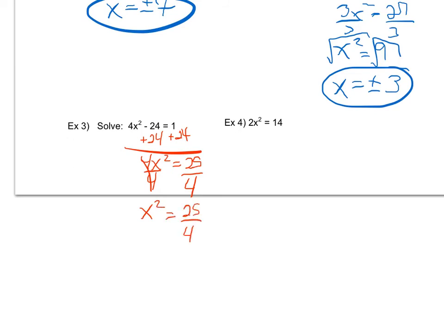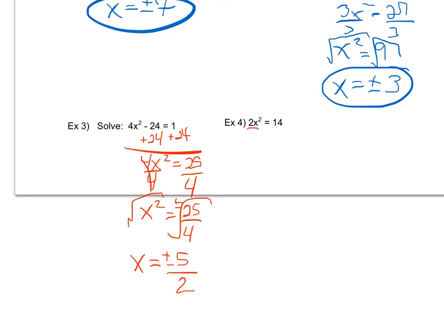I'm okay with it being a fraction. I'm still going to do the same thing. I'm going to take the square root of both sides. When I do, I'm going to remember to put a plus or minus out front, and I get x equals, taking the square root of 25, I get 5. Taking the square root of 4, I get 2. So I get x equals positive 5 over 2 or negative 5 over 2.